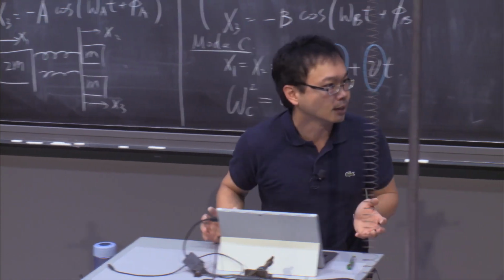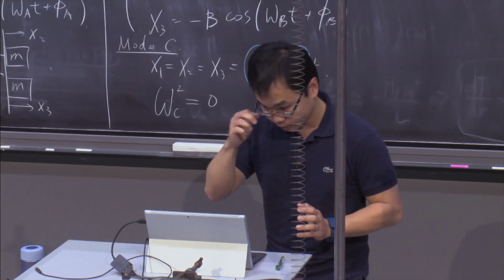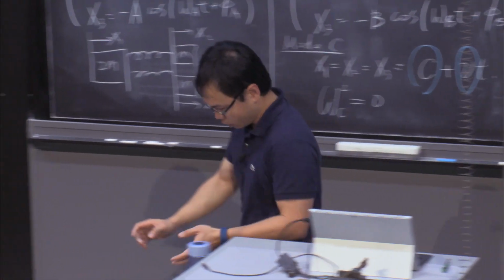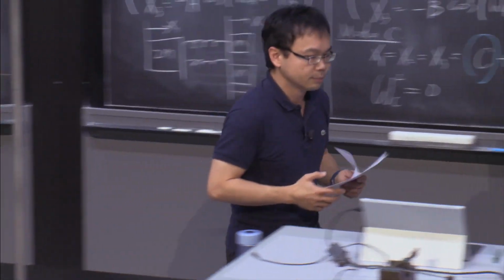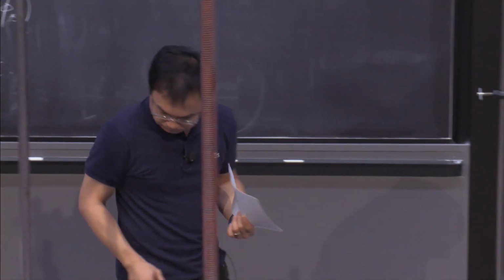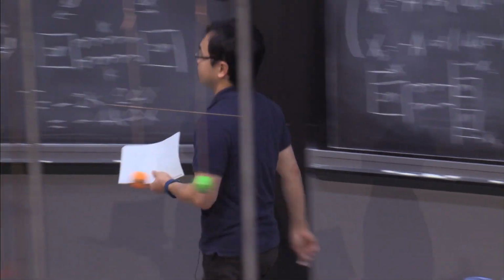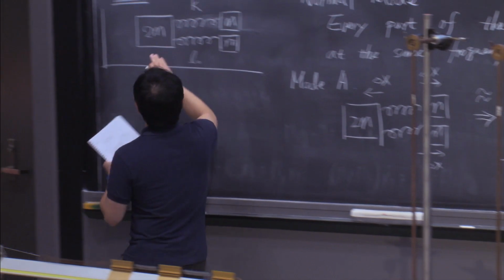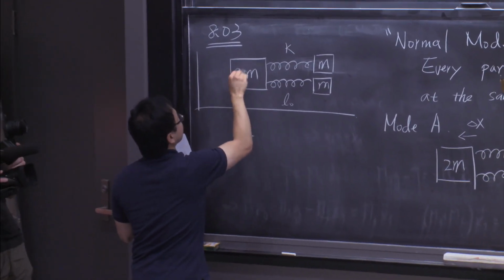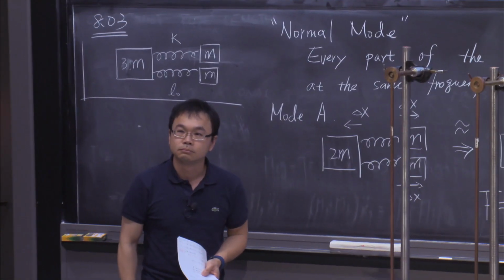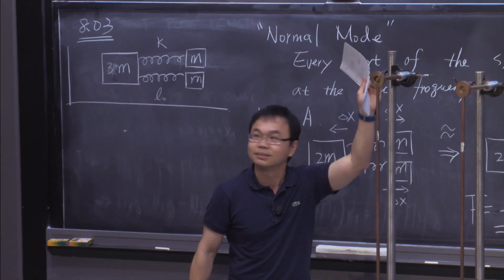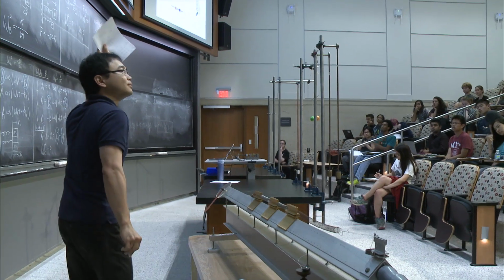We understand the motion of that system, but in general, life is very hard, okay? For example, now I do something crazy here. I change this 2 to 3. What is actually the normal mode? Can anybody tell me?